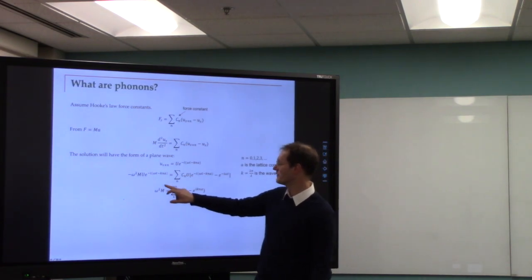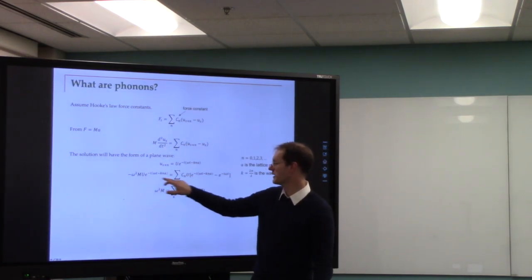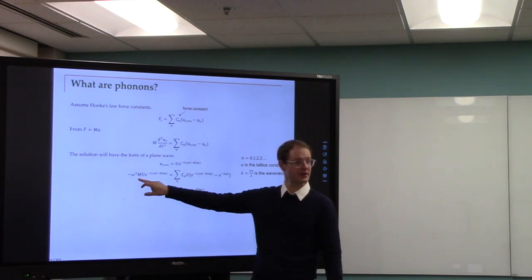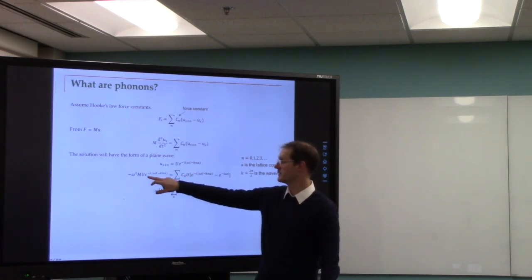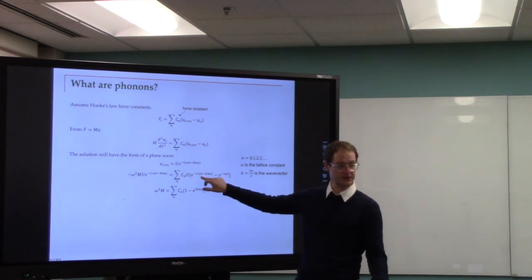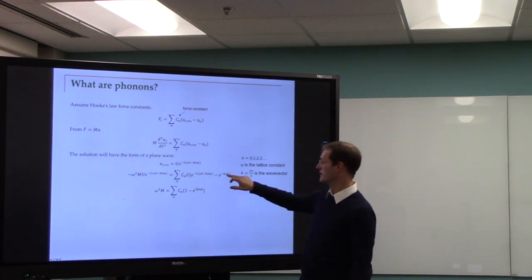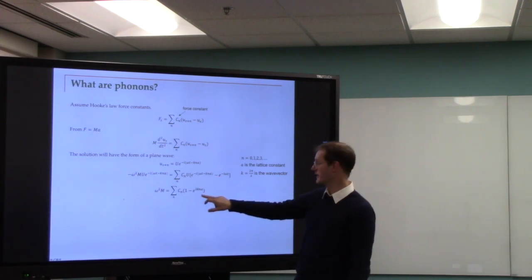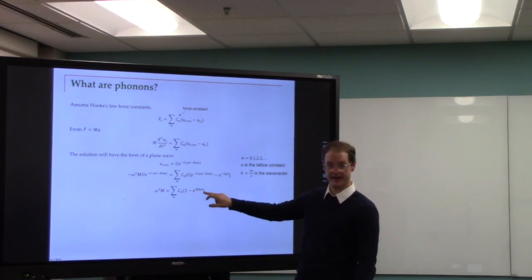Okay, and then we divide both sides of the equation by u, so the u's cancel. We divide both sides by this complex exponential. The first term cancels to give 1, and in the second term the omega part cancels, but we're left with an e to the i k n a.